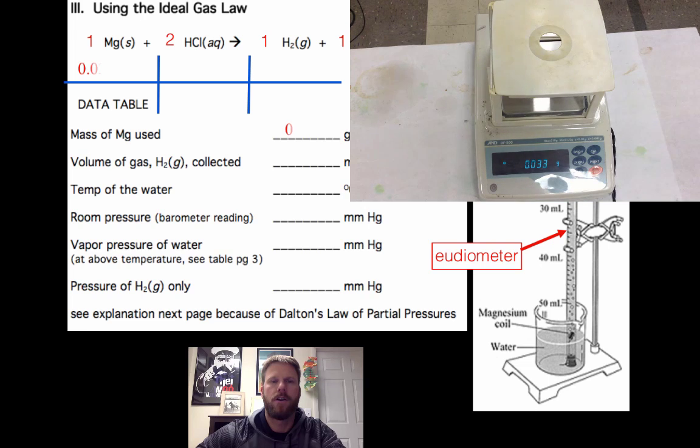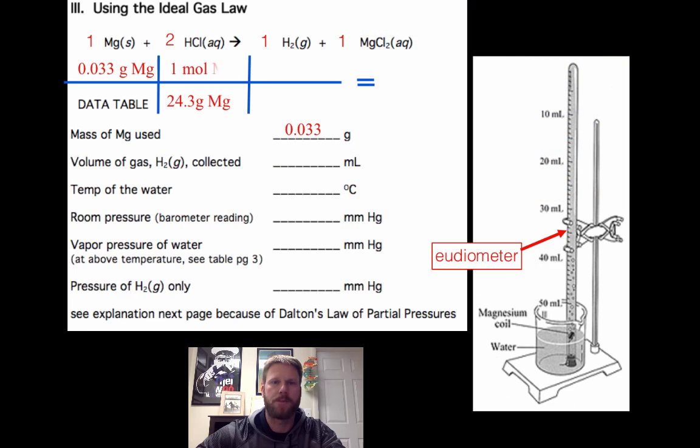As you can see here, we have a piece of magnesium that is 0.034 grams. If we start with what's given, we can use the atomic mass of magnesium to convert to moles of magnesium. Our grams cancel, and now if we want moles of H2 instead of moles of magnesium, we just use the mole ratio from the balanced chemical equation. It's 1 to 1.